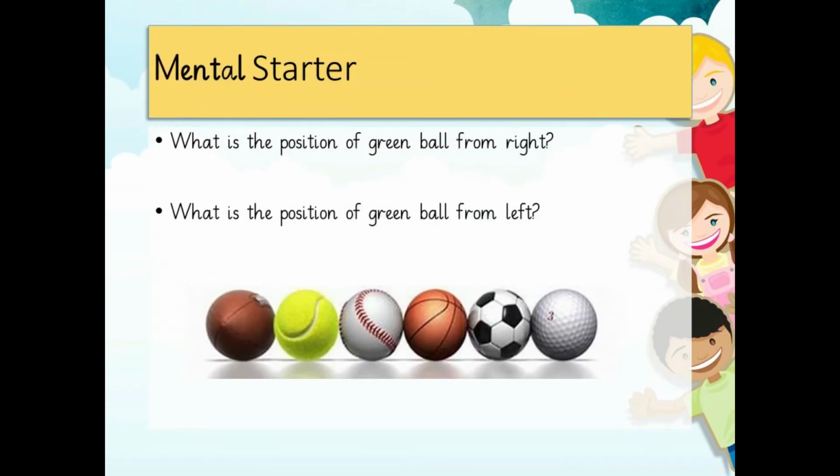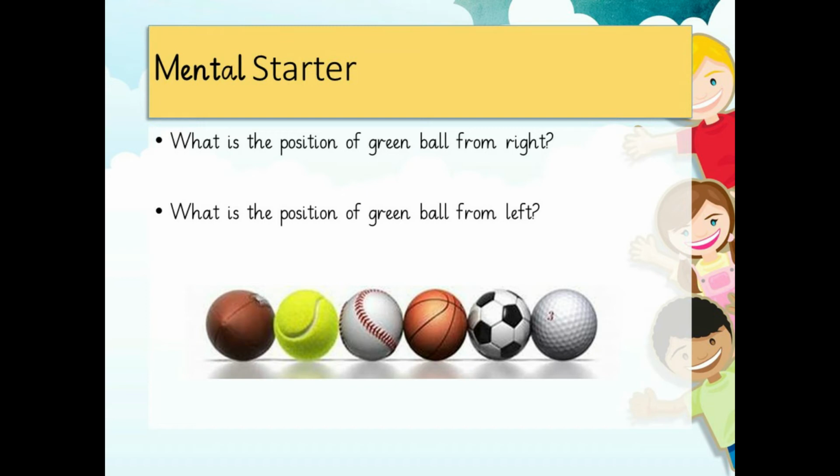Mental starter. The activity given for mental starter is you have to identify the position of the green ball from right and then from left. Yes, counting from the right side, the green ball comes at what number? First, second, third, fourth, fifth or sixth?